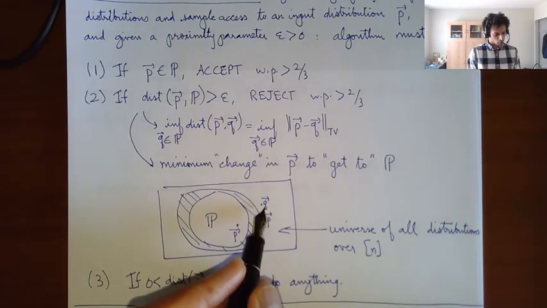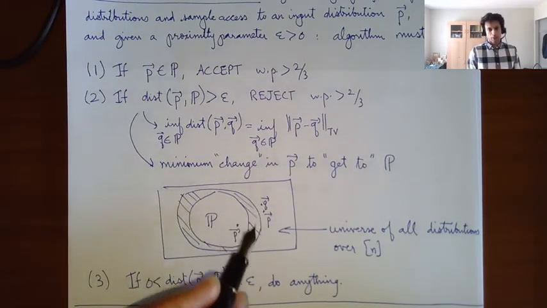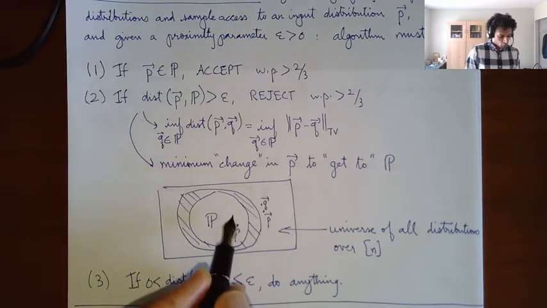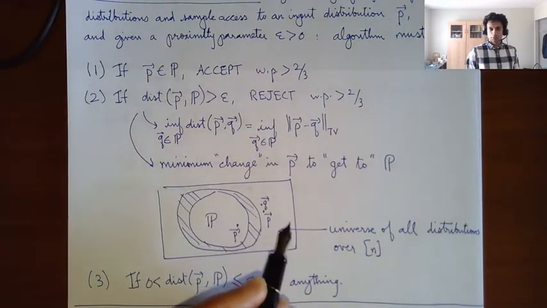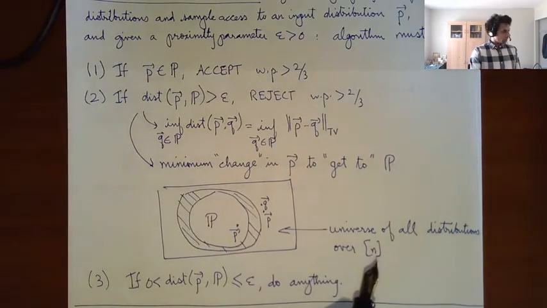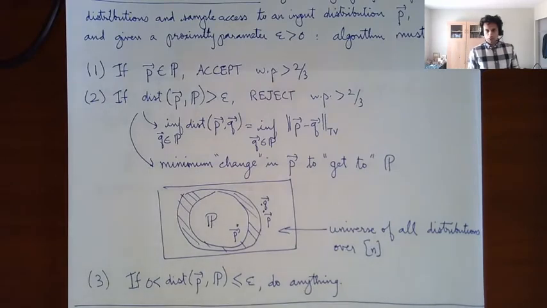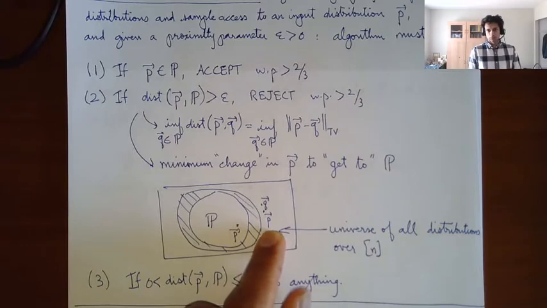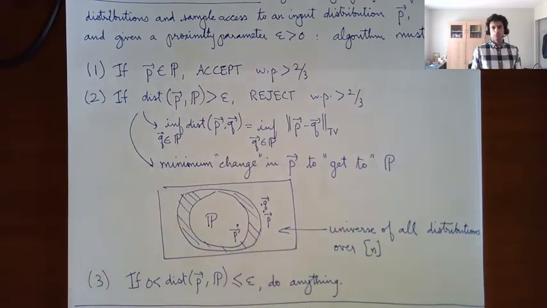Once we have a description of the set, we can determine if Q lies in it or not. If it does, we accept, otherwise we reject. So to answer the previous question, regardless of what the property looks like, if you can learn the distribution little p, then the testing problem immediately follows.